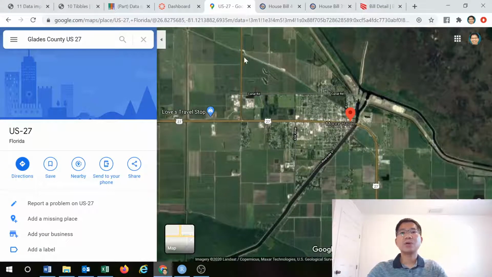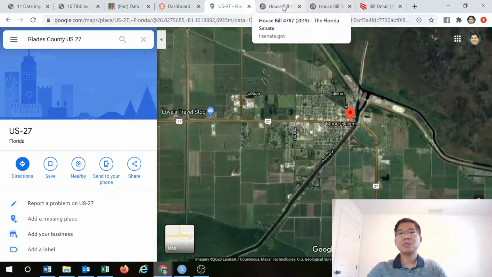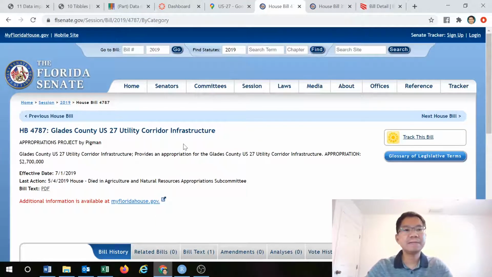And with that, we show you that this was finished in 2018. So in 2019, Lake County applied for funding through the House bill, in this case the 2019 legislation.